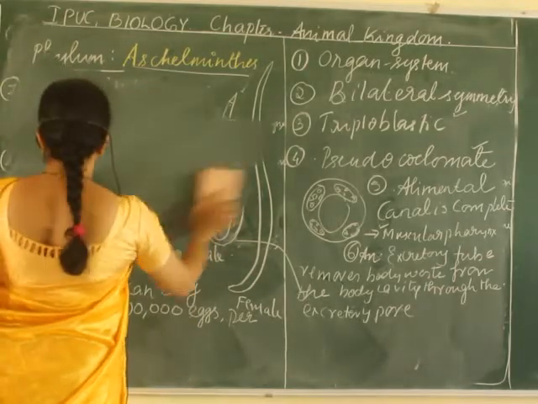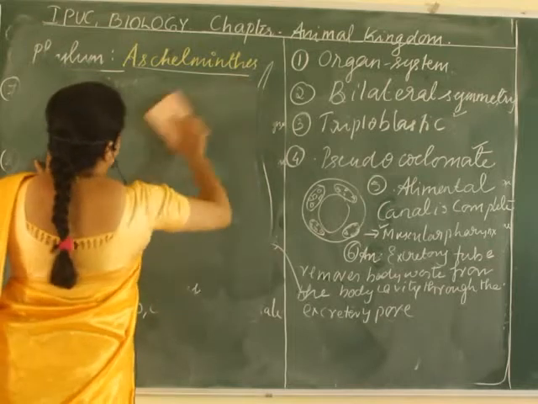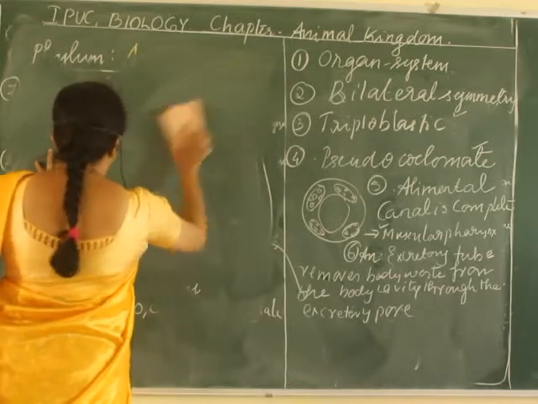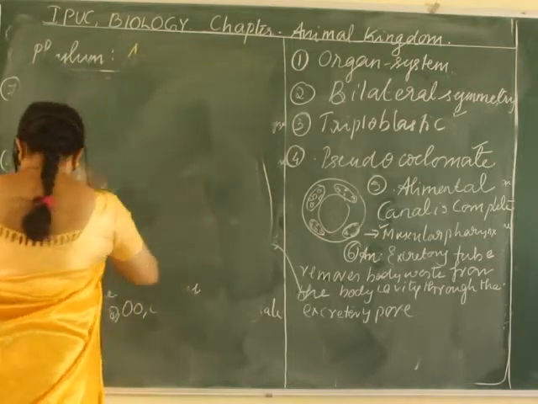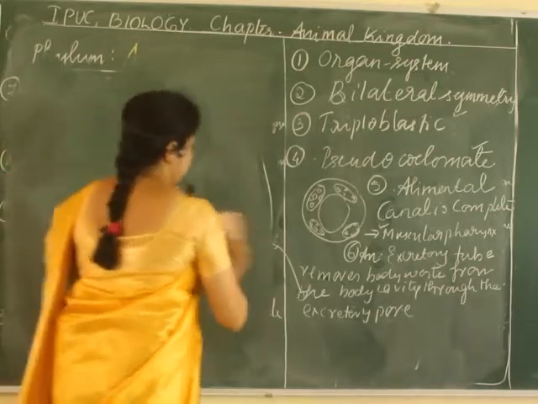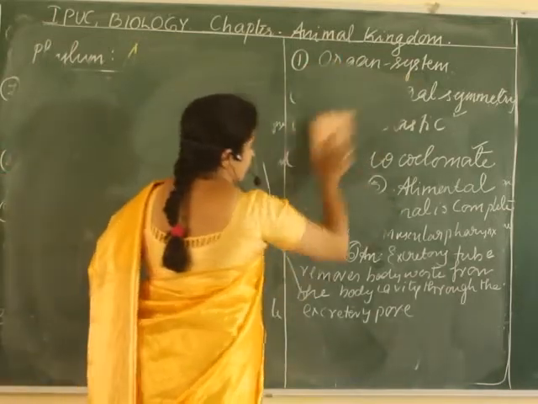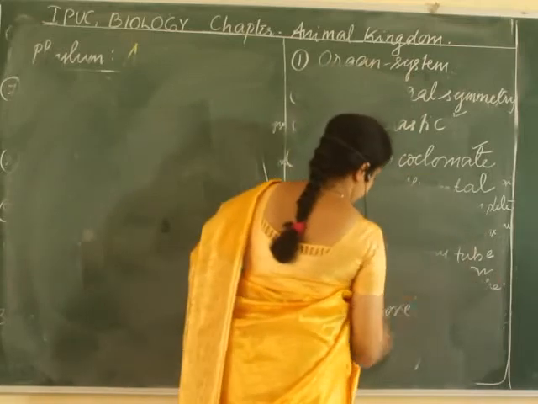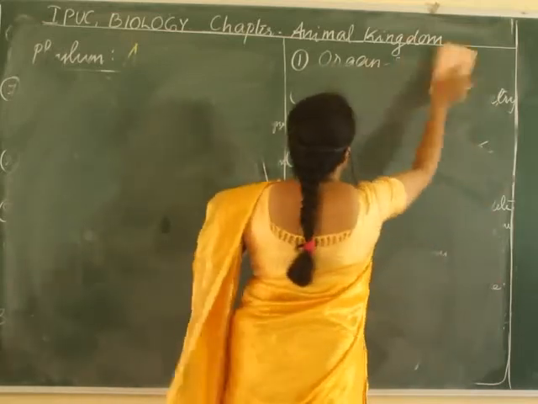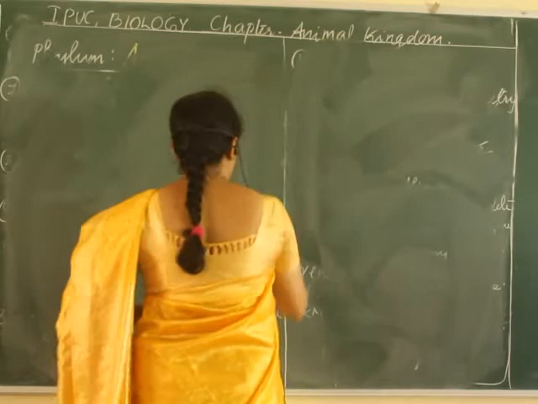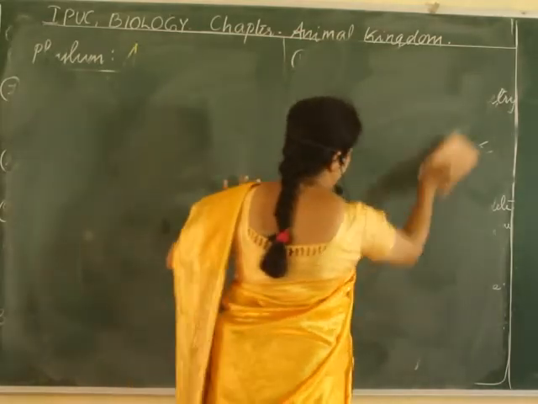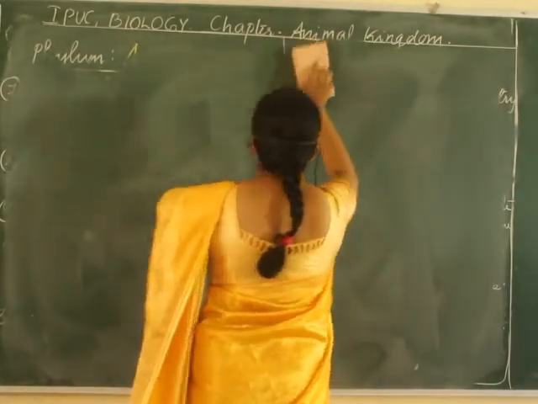The next phylum is, what's the next phylum after Aschelminthes? The next phylum is phylum Annelida, which has a segmented body, which shows segmentation all over the body.